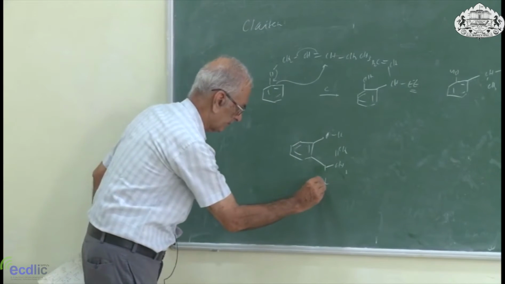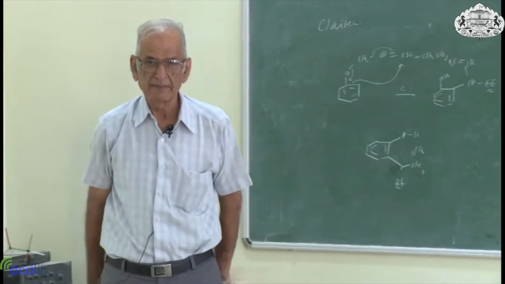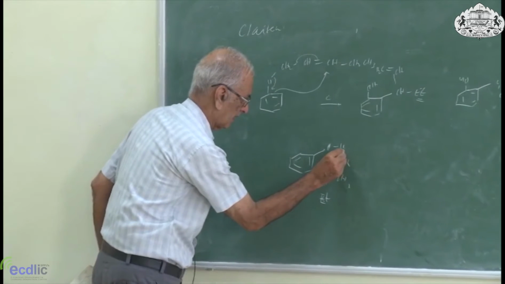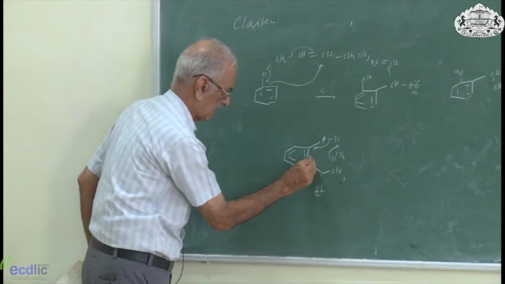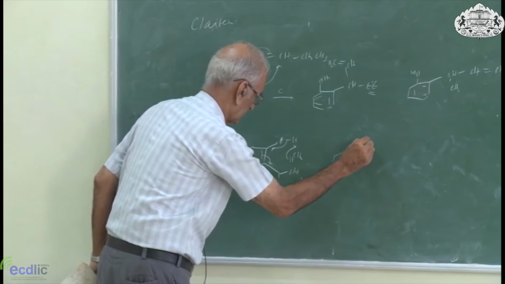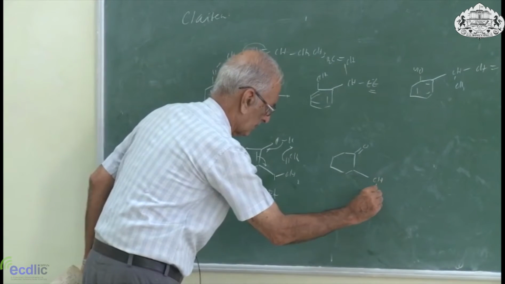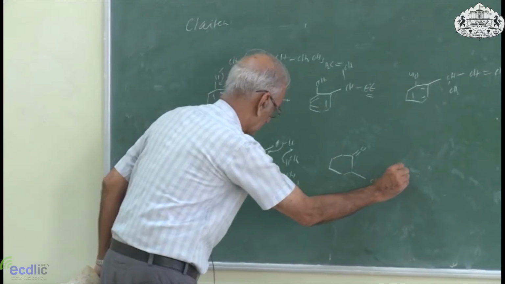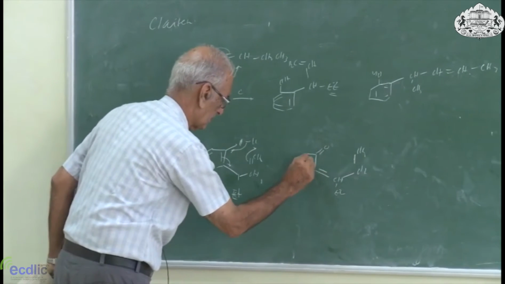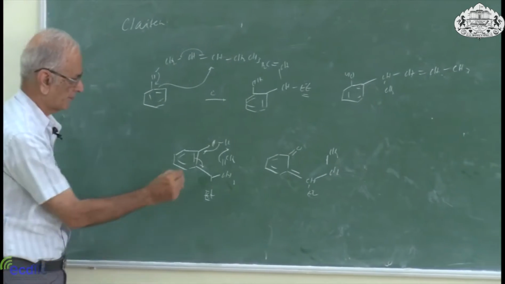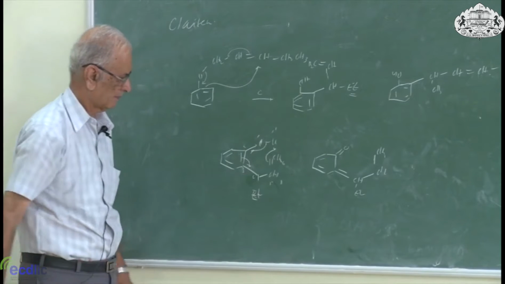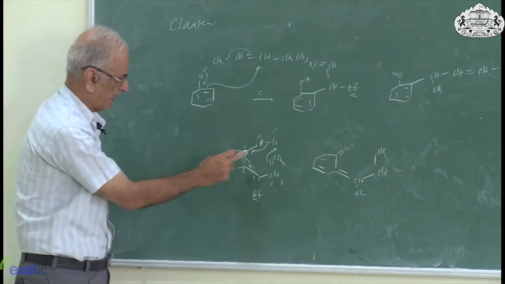So, I wrote the normal Claisen product. We broke the bond between 1 and 1 dashed.